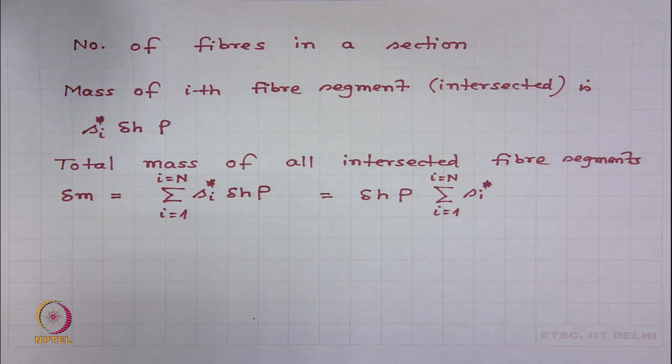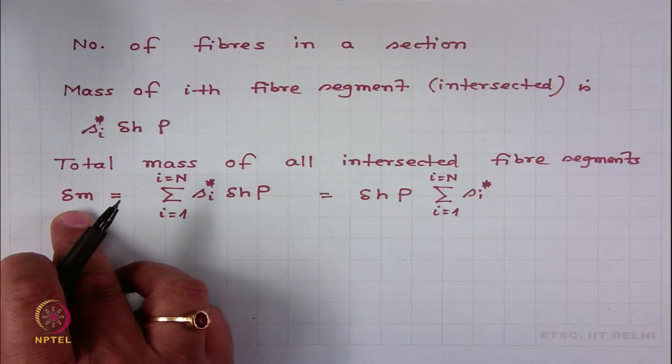So, mass per unit area capital G is equal to this mass divided by area.